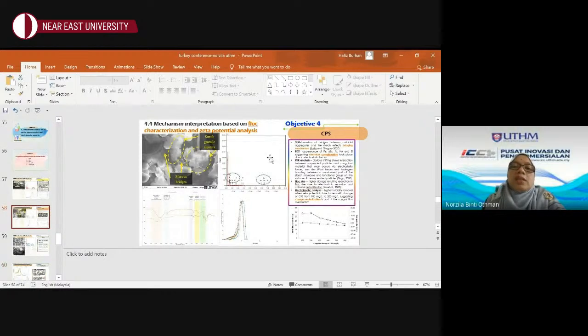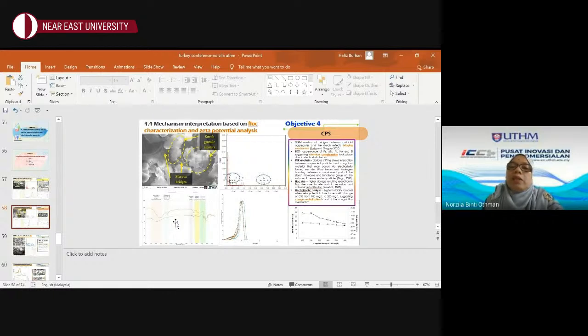So this is the result for CPS. For the CPS, SEM shows the starch granule cluster, and EDX shows the presence of ferrum, manganese and also aluminium in the sample.